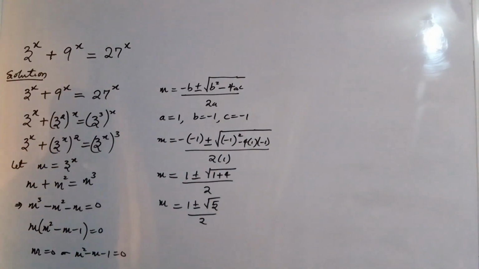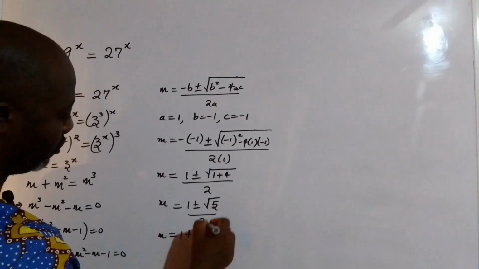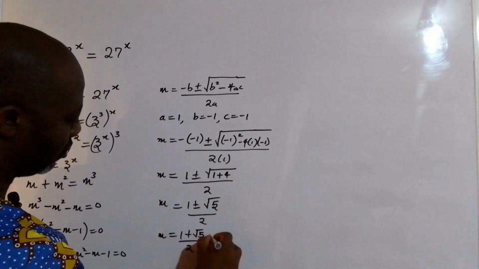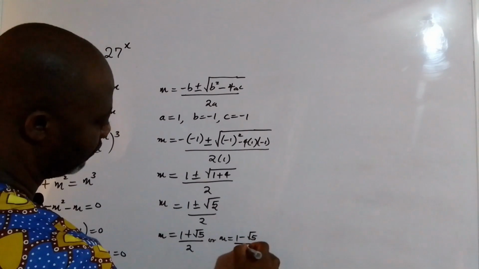Then we have m equal to 1 plus or minus square root of 5 all over 2. So we have two different solutions for m here, which are m equals 1 plus root 5 all over 2, or m equals 1 minus root 5 all over 2.